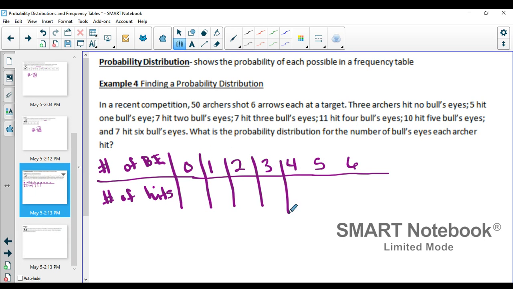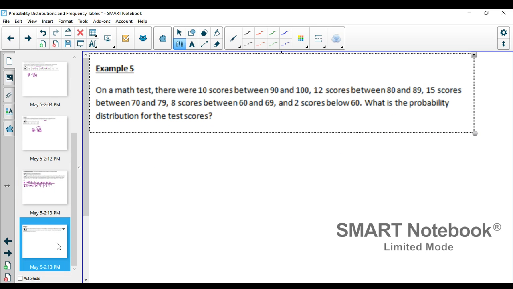And now the number of hits is just filling in how many. So 3 hit 0, 5 hit 1, 7 hit 2 and 3, 11 hit 4, 10 hit 5, and 7 hit 6. Okay. And that's it. That's our probability distribution. We've created a frequency table to represent how everything was distributed.